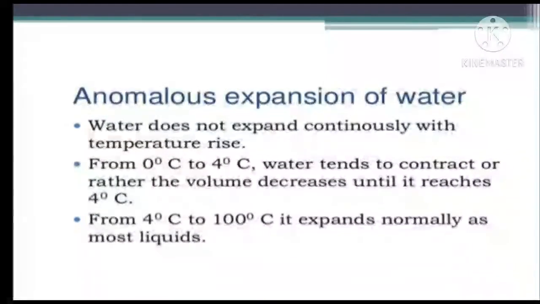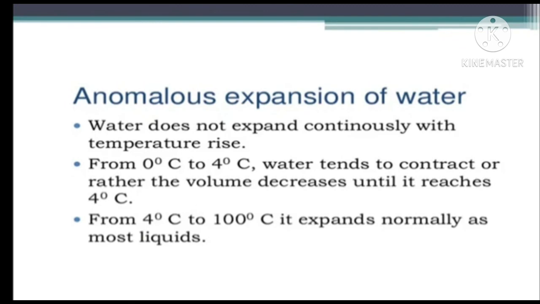Now, anomalous expansion of water. Water does not expand continuously with temperature rise. From 0 degrees Celsius to 4 degrees Celsius, water tends to contract, or rather its volume decreases. That means instead of expanding, it contracts between 0 and 4 degrees Celsius, until it reaches 4 degrees Celsius.